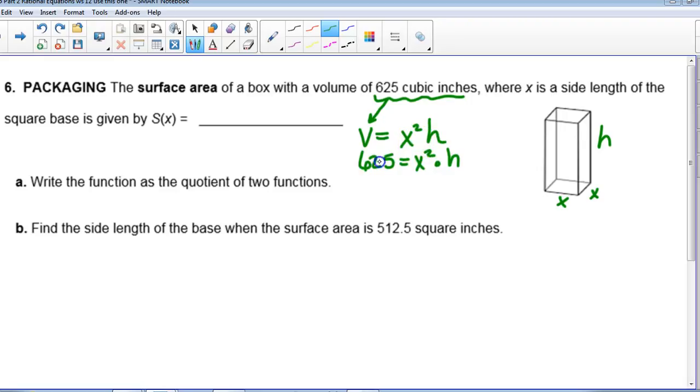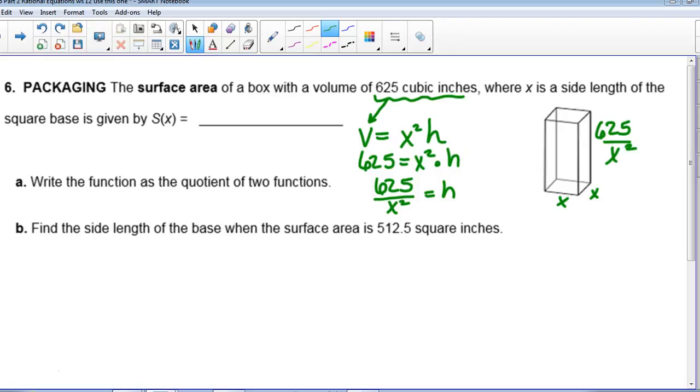How would we rearrange this so it said h equals 625 divided by x squared? Does that seem okay? All right, now, if I erase that h, and over there I write 625 over x squared.